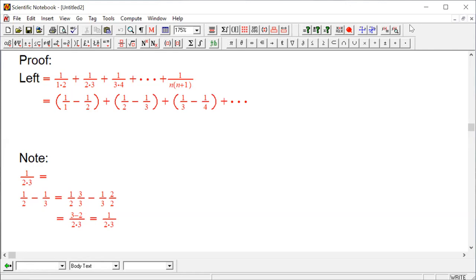We'll keep going. The term before the last one is going to be 1/((n minus 1) times n), right? So that piece is going to turn into 1/(n minus 1) minus 1/n.